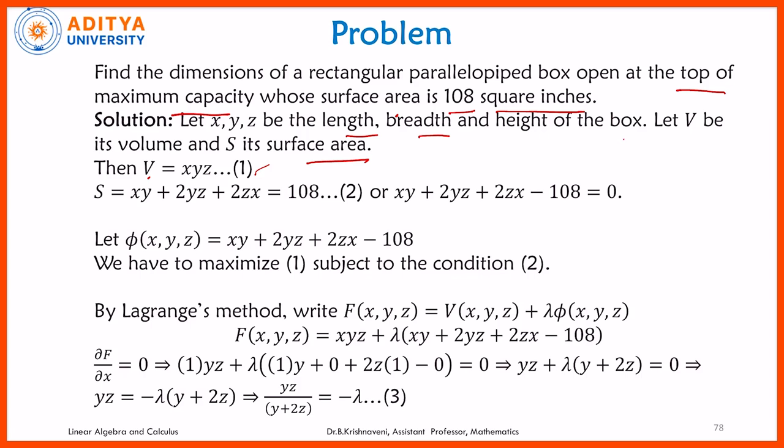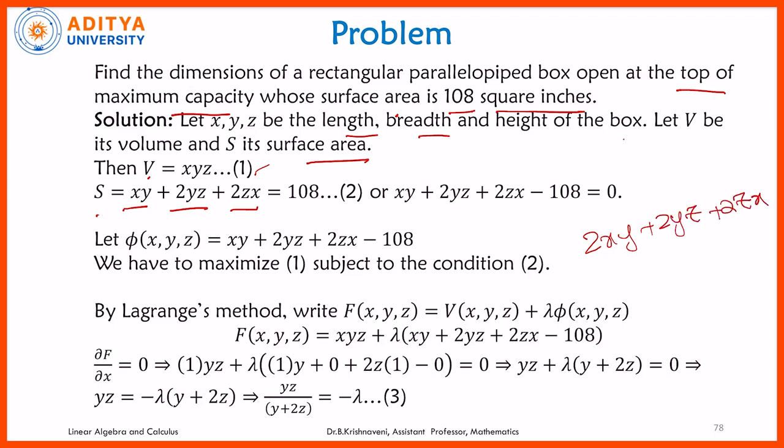Now the surface area: if you take any rectangular box, for example, we will get 2 surfaces of xy, 2 surfaces regarding yz and 2 with respect to zx. That is what the surface area is given by, 2xy plus 2yz plus 2zx.